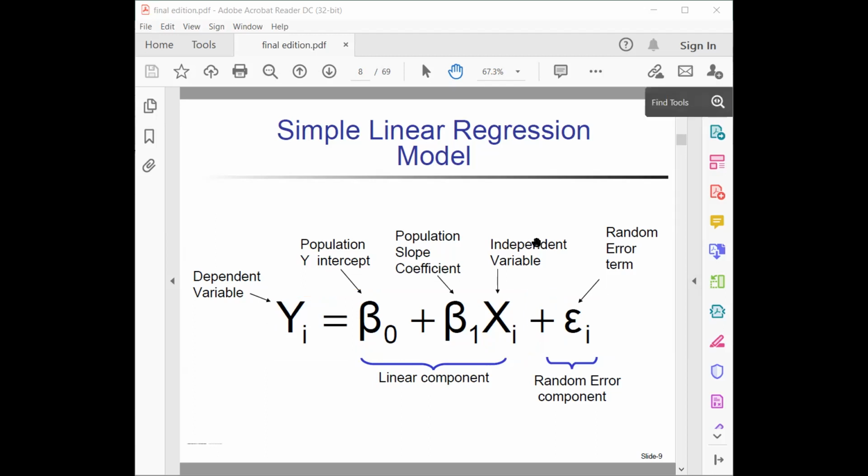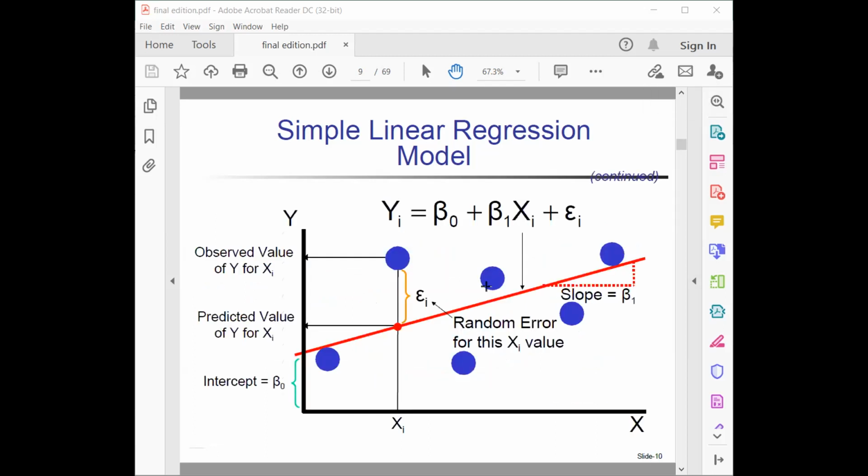Okay, and you can see here, after we plot or draw the predictor, the red line, you can analyze the location of each component. I mean the meaning of beta 0, the meaning of beta 1, and the location of the error.